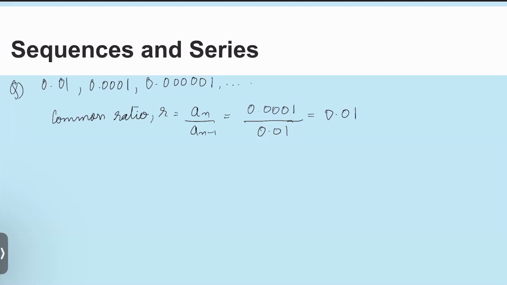Okay, so that would mean that any term, we can find it using this common ratio.